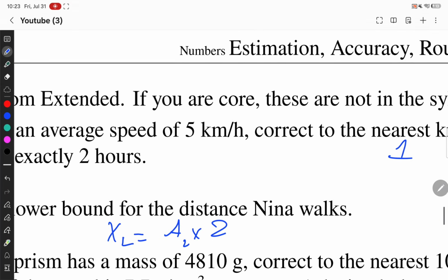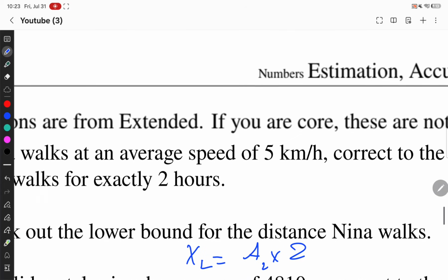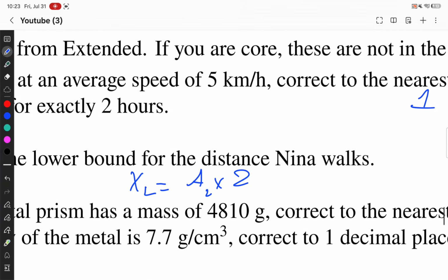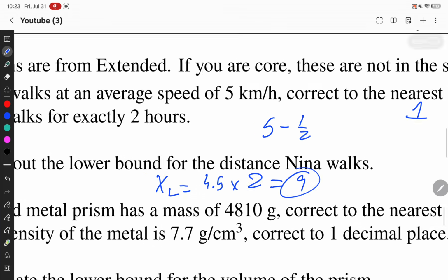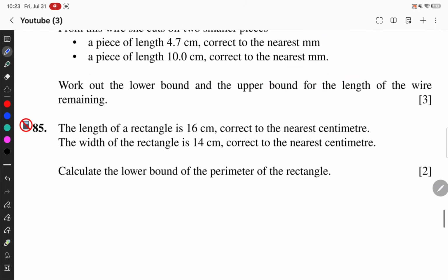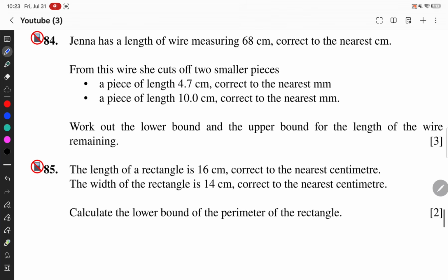We know the accuracy of 5. The lower bound will be just subtracting the accuracy, so this is 5 minus a half, which is 4.5, and this gives us 9. So this is the lower bound of her distance. It may ask for both the bounds also. We will look at this.